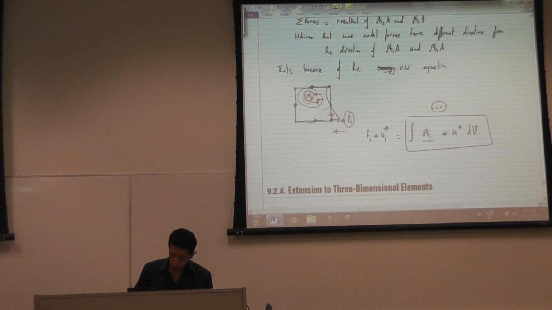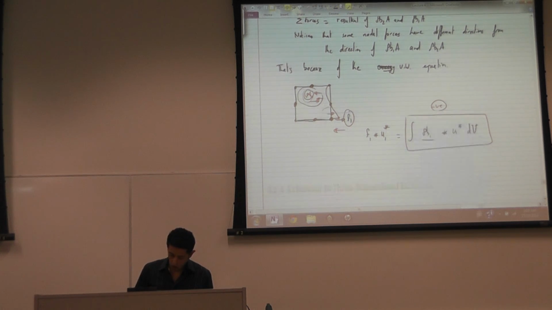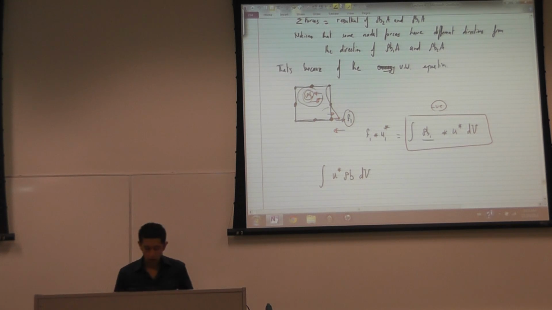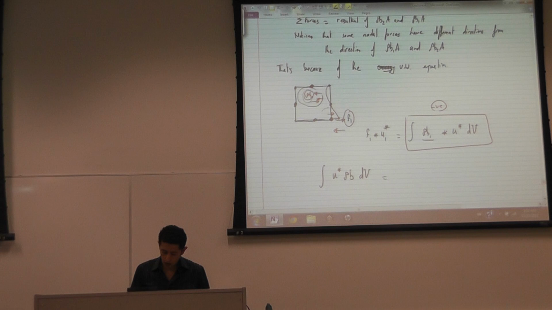What we're trying to do is the following. We have U star, rho v, integrated over the volume, and instead of U star, we want to replace this with the sum of Fi ui star.